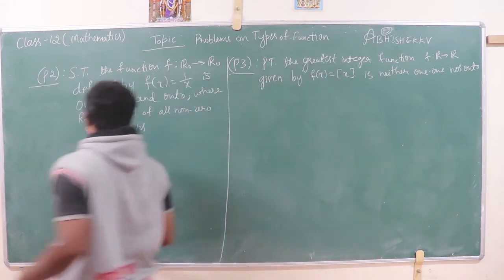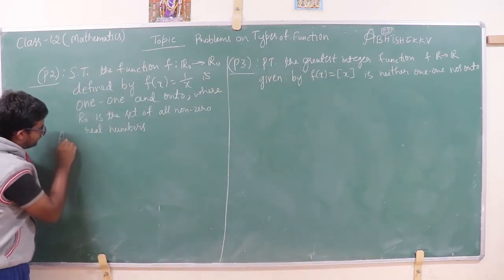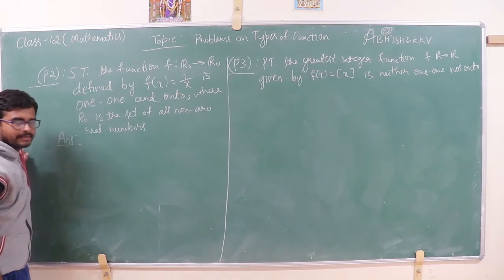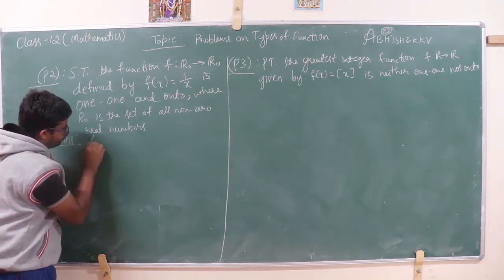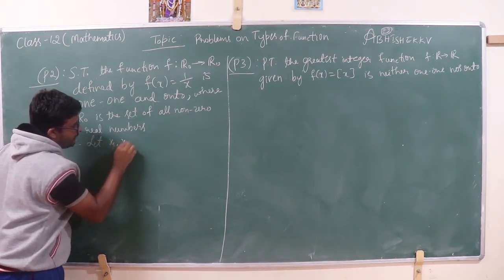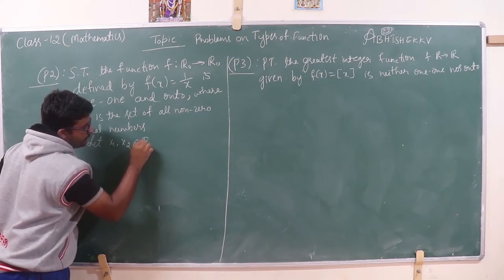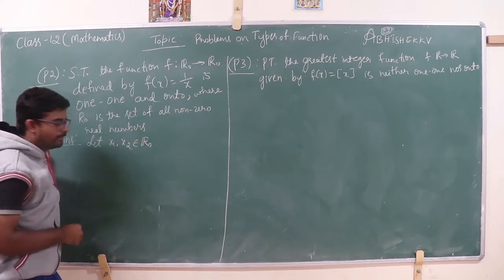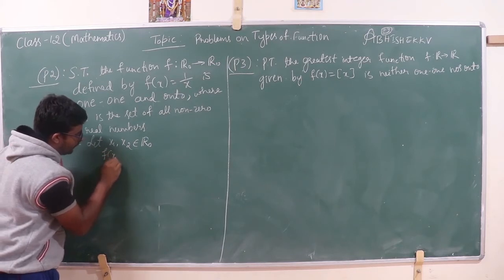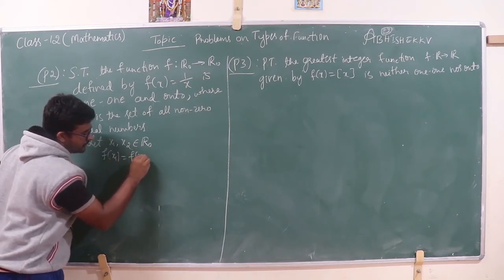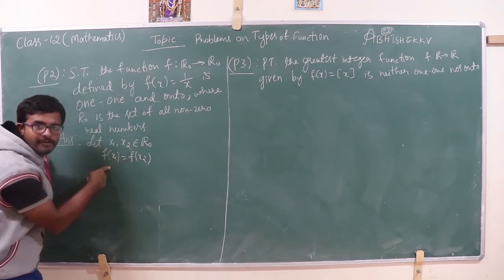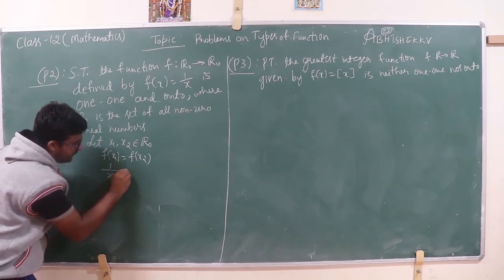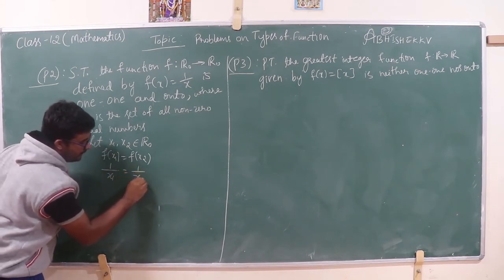Okay. Then what is the solution for this? Answer. Let x1, x2 belongs to set of non-zero real numbers. Consider f of x1 is equal to f of x2. Then what is f of x1? 1 by x1. Then what is f of x2? 1 by x2.